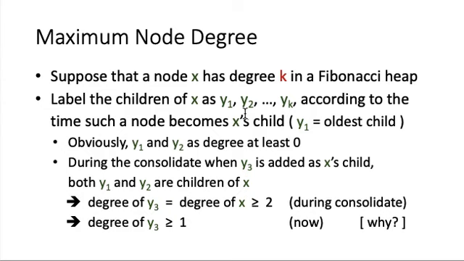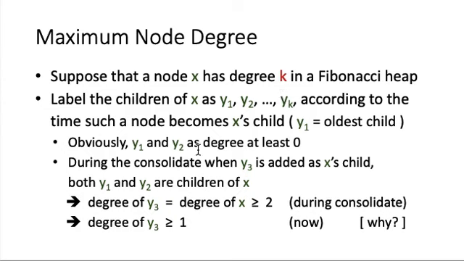We will arrange them in the order of the time that they are added as the child. So y1 is the oldest, the earliest node that is added to x as its child. y2 is the next one, and yk is the newest child.